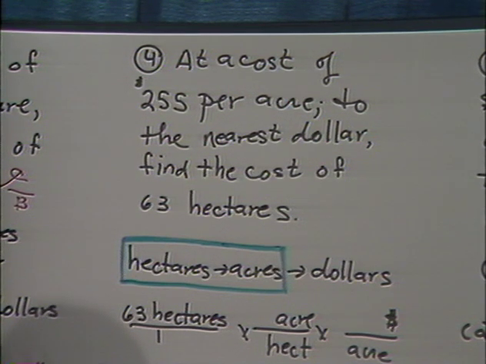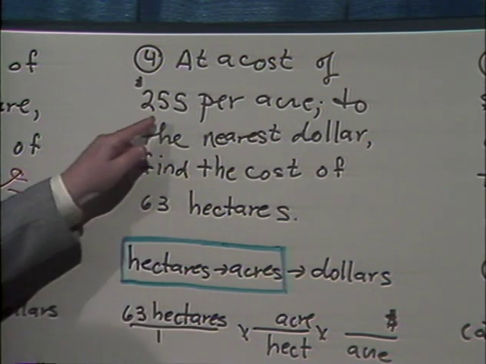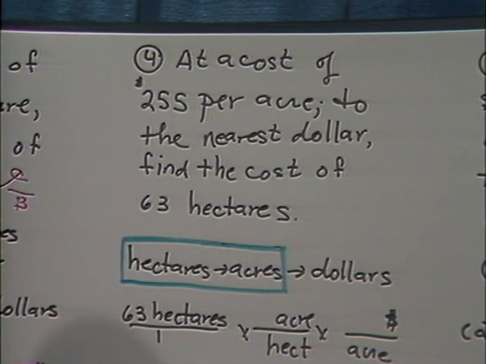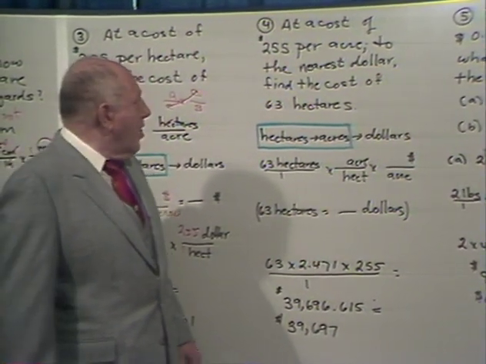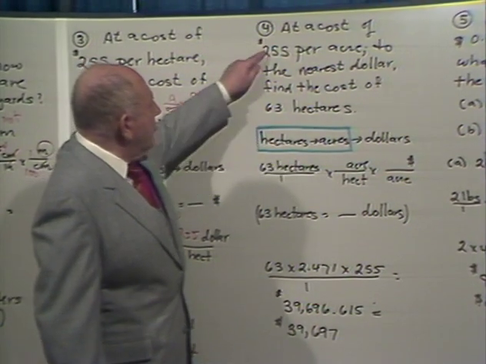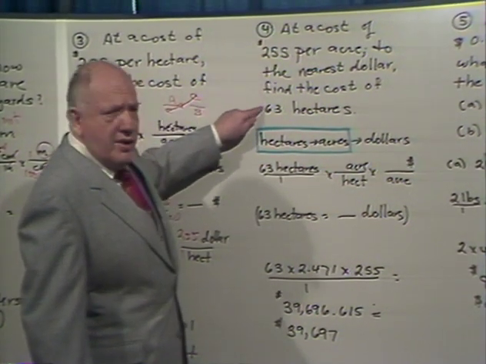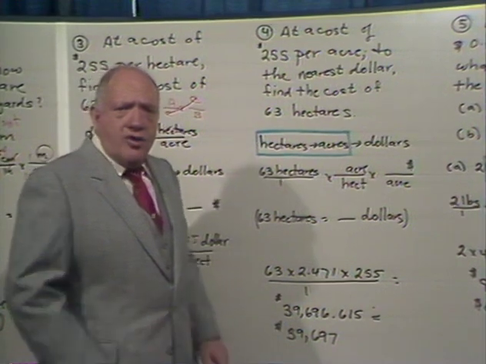By the way, we mentioned in our lecture that a hectare is bigger than an acre. So if an acre costs $255, a hectare is going to cost more than $255. So if by mistake you just multiplied the 255 times the 63, whatever answer you got, that should tell you what?